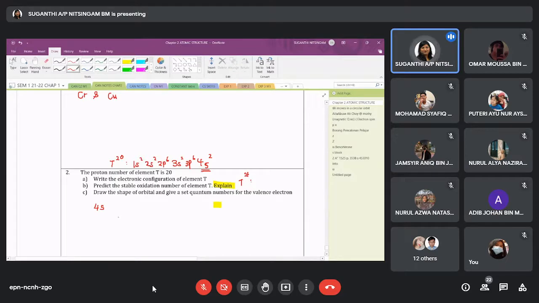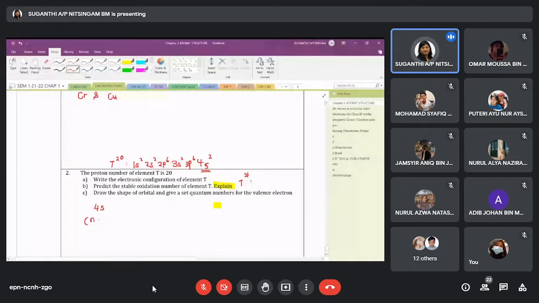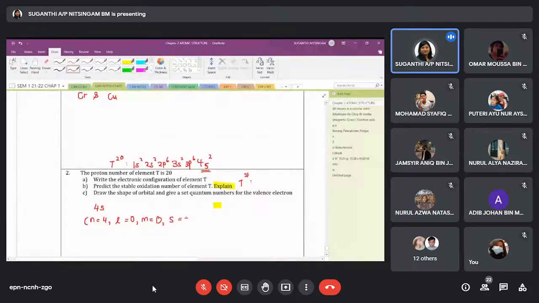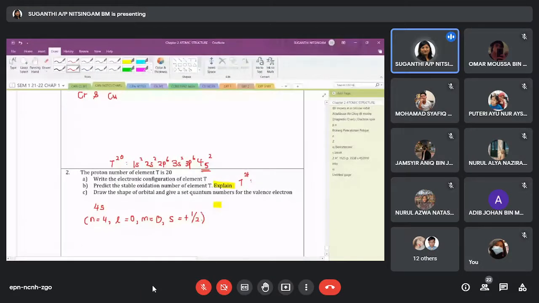So give a set. So a set will be n equals to 4, l equals to 0, because dia s kan? m equals to 0 and s equals to positive half. Beri satu cukup lah.